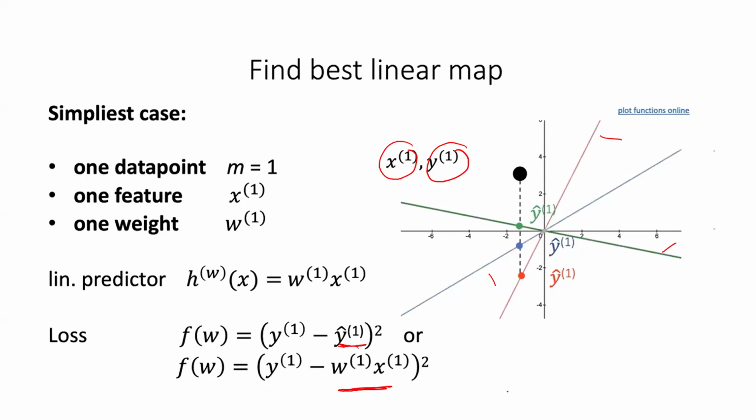What we can do is try with different values of weights and see how they affect the loss. Initially I'll have one weight, and this weight is changed in order to see how it affects my loss function.